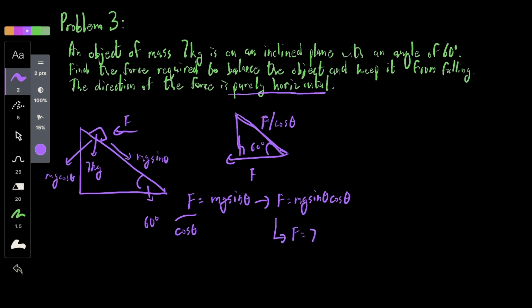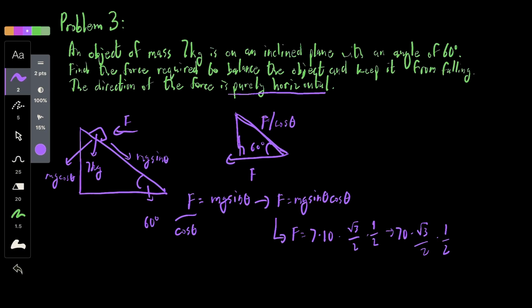So, F is equal to 7 times 10 times sine of 60 degrees, which is the square root of 3 by 2, times the cosine of 60 degrees, which is equal to 1 by 2. So now we have 7 times 10 times square root of 3 by 2 times 1 by 2, which is 70 times the square root of 3 by 2 times 1 by 2.